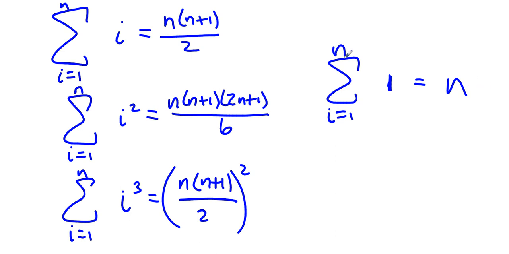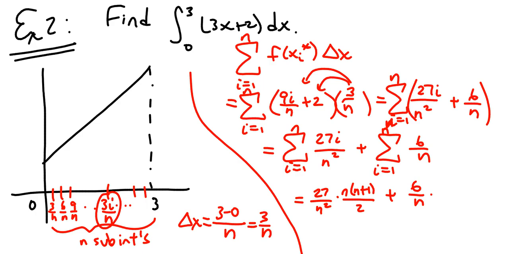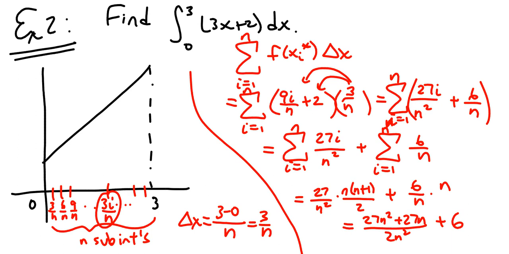If I add up 2,000 some odd ones, I get 2,000 some odd. So the sum of ones is n. So what do we got here? We've got 27n squared plus 27n over 2n squared plus 6.